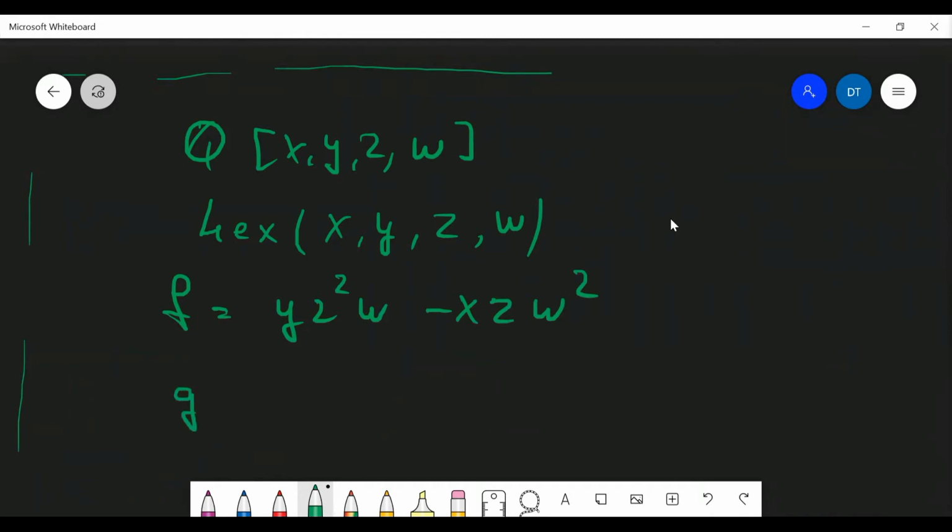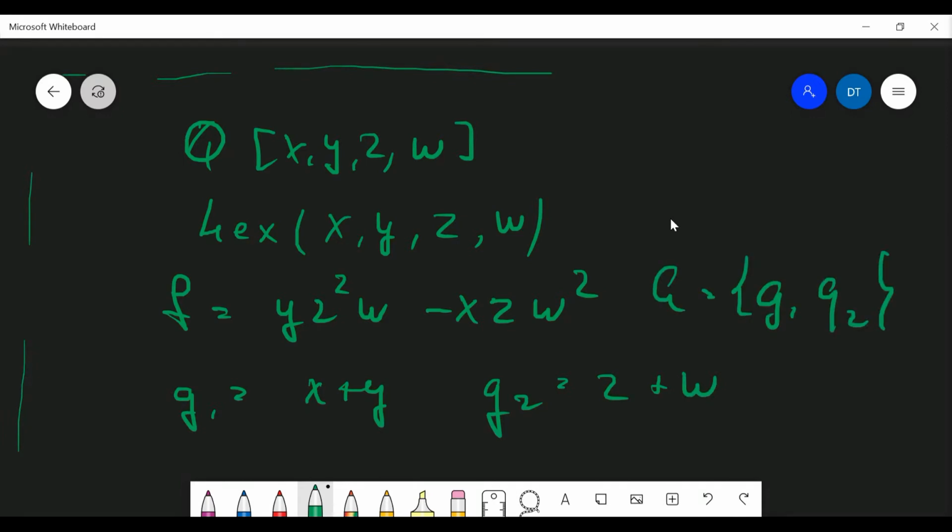And suppose G1 is X plus Y and G2 is Z plus W. And the set G consists of G1 and G2. And I want to find a remainder of F with respect to capital G. So I want to find a remainder.